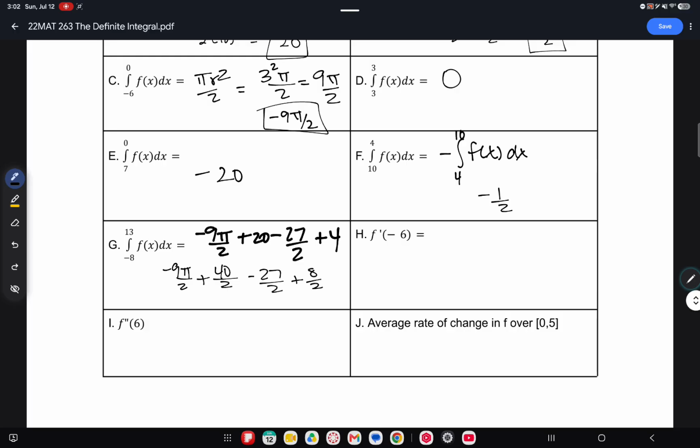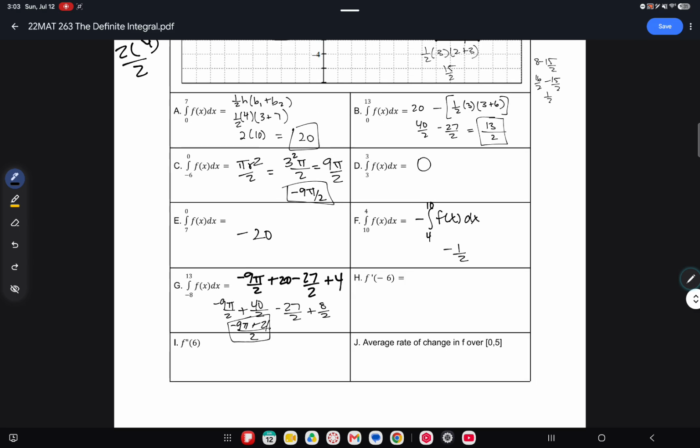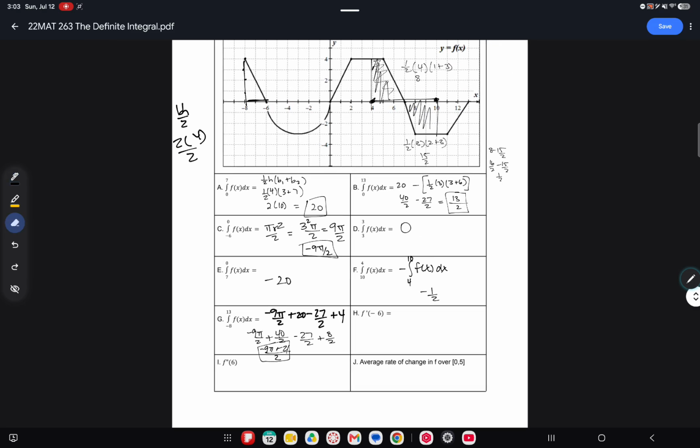And then let's combine some numbers. So 40 minus 27, we know is 13, plus 8 is 21. So we can make that negative 9 pi plus 21 over 2. And leave that here.